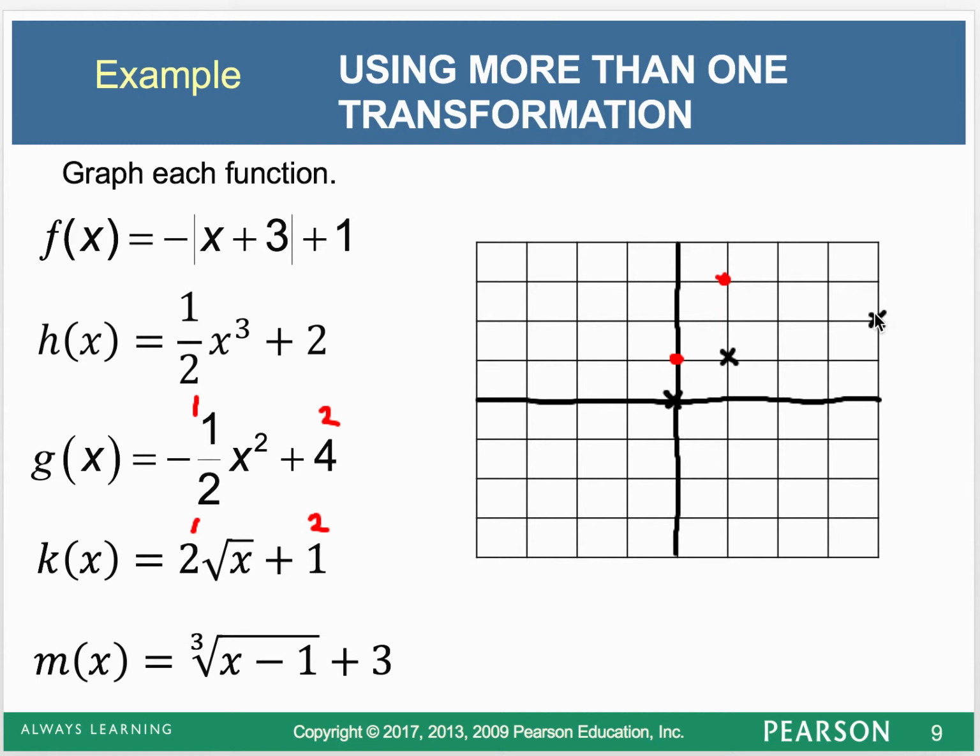Here my y value is 2, so 2 times 2 is 4, and then up 1. And then there's my shape. It still has that same basic shape, but it's been stretched, so pulled up, right? And along with slid up.